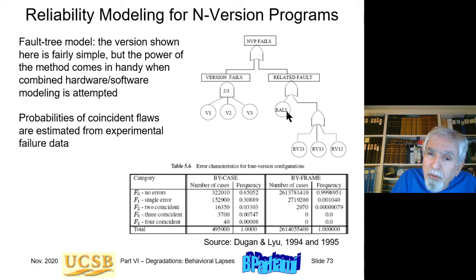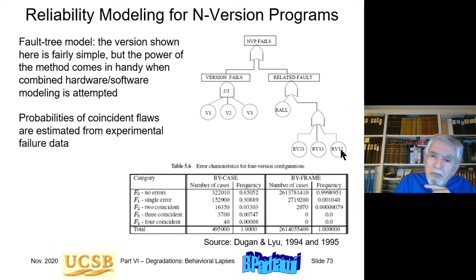Or if all 3 versions fail, that has some probability that we have to determine experimentally. Or 1 and 2 simultaneously malfunction, 1 and 3, 2 and 3, and we should quantify the probability of that happening. So this is all the cases that lead to the n-version program failing.